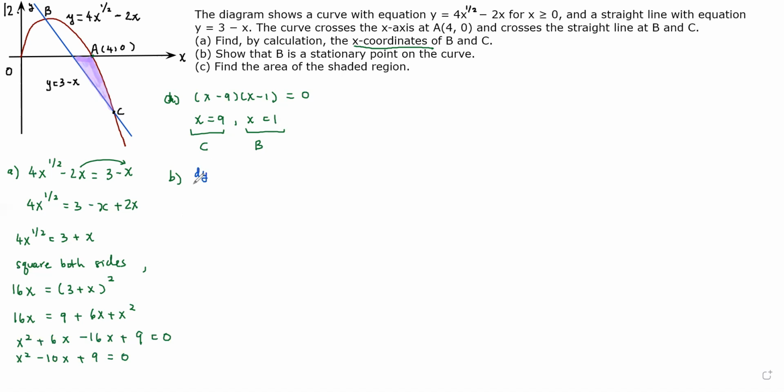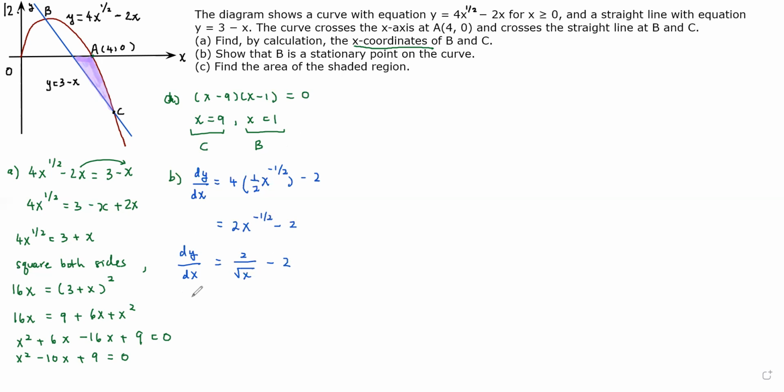So we find dy/dx for the curve, and that will give us 4 times 1/2 x to the negative 1/2 minus 2, so that dy/dx is 2x to the negative 1/2 minus 2, and we can write this as 2 over square root x minus 2.